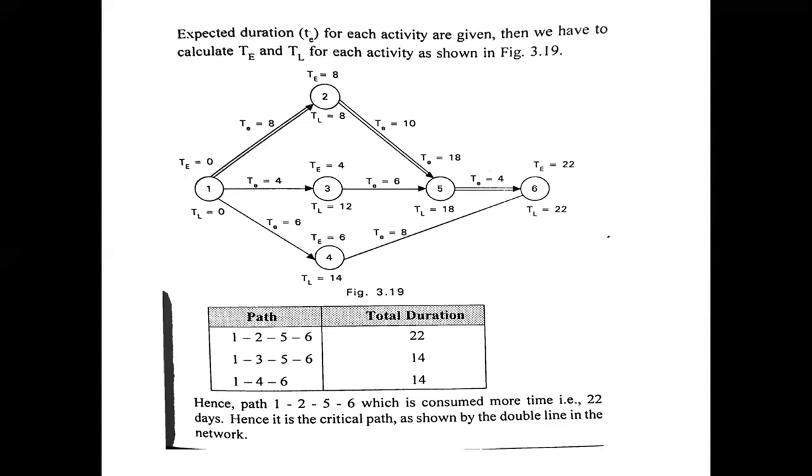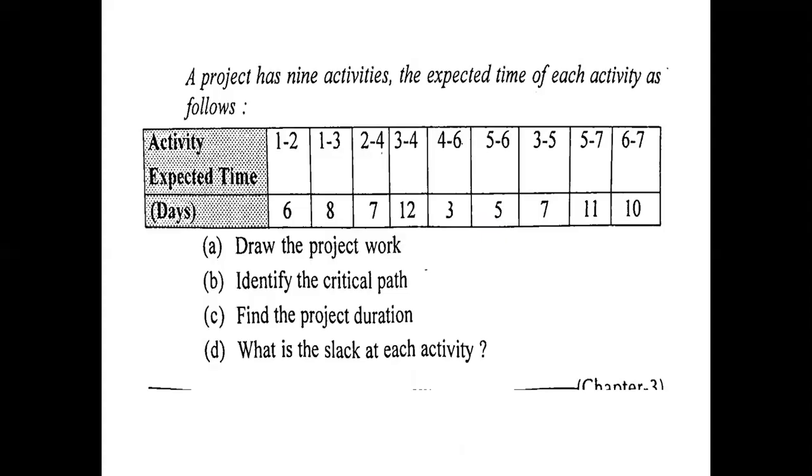Let us see another problem. A project has 9 activities, and the expected time of each activity is as follows. From here they have given this table, so this is the given data.